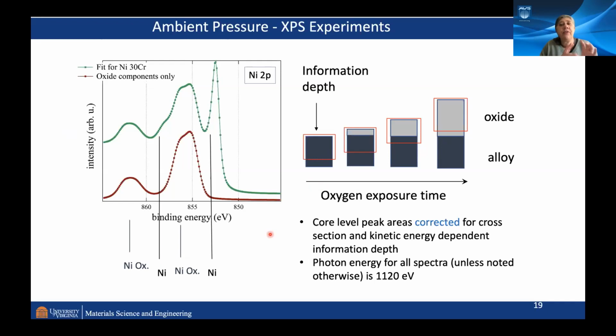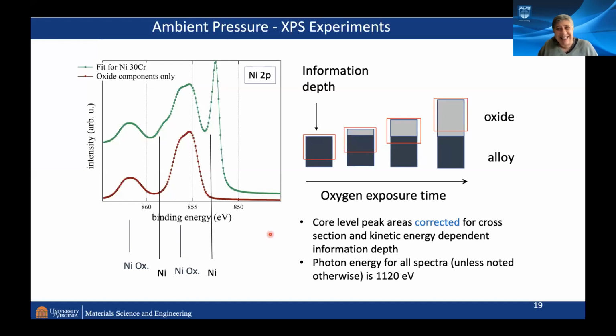I don't differentiate initially whether it is oxide or spinel or whatever it is. Let me point out that we have never seen a spinel component, which is a mixed nickel and chromium oxide, so that really facilitates the analysis, fortunately.